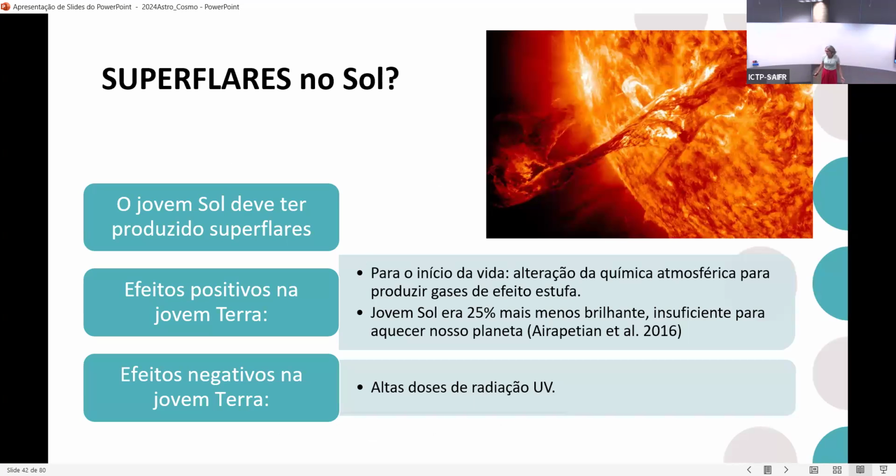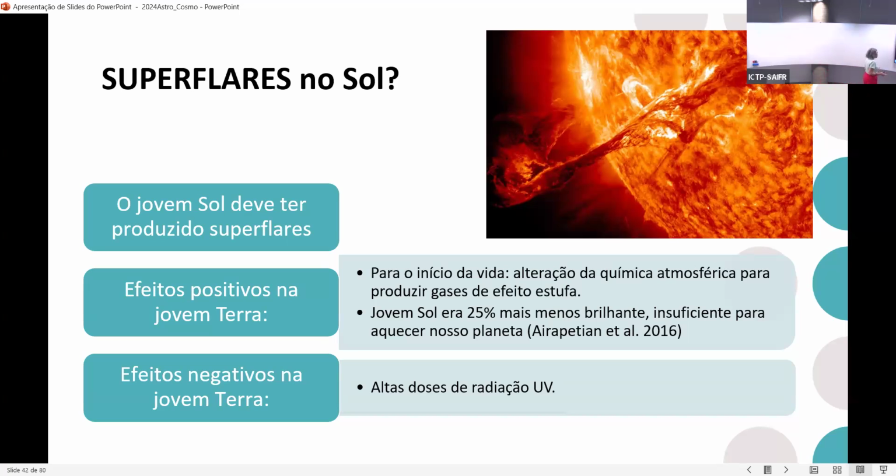So the ultraviolet from superflares can have both positive and negative effects on the Earth. The positive one is that for the initial molecules, or the precursors of the RNA and other organic molecules, you need a little bit of energy, which the ultraviolet provides.